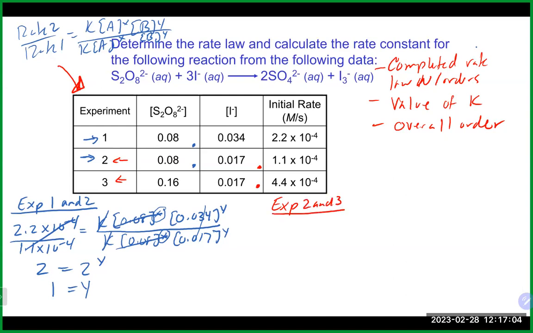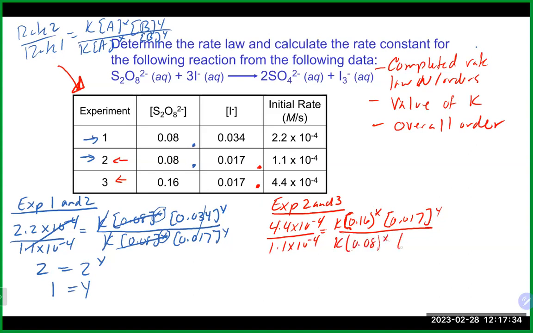So I can put all of experiment 3 up on top, which would be 4.4 times 10 to the minus 4 equals k times 0.16 to the x and 0.017 to the y. Now I'm going to put everything for experiment 2 on the bottom. That'll be 1.1 times 10 to the minus 4 equals k, 0.08 to the x, and 0.017 to the y.